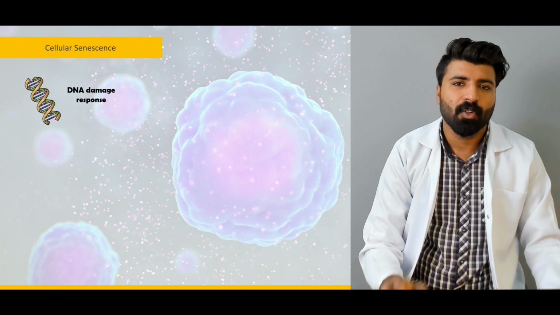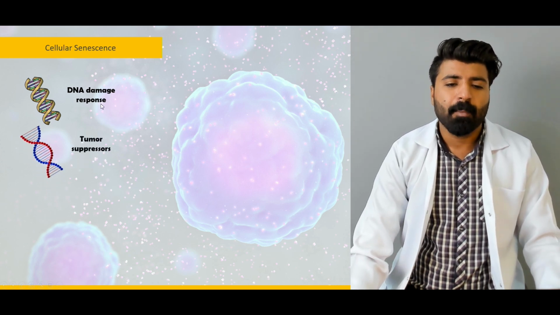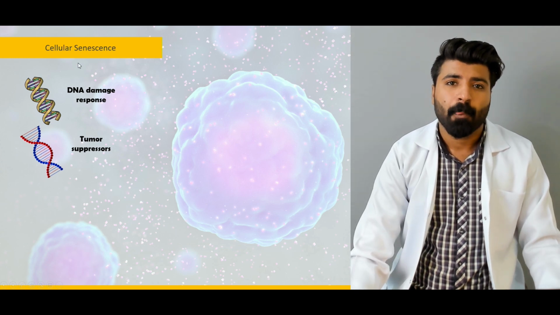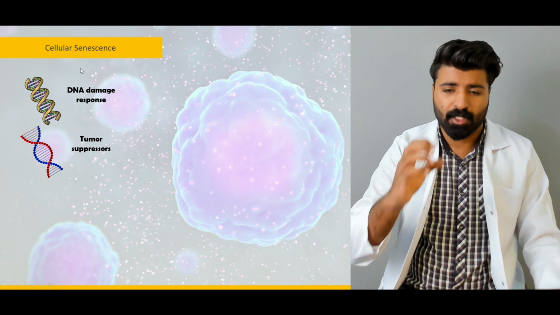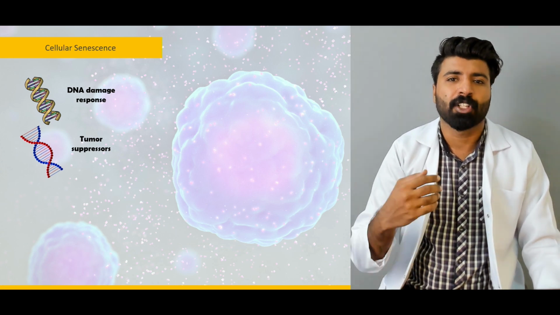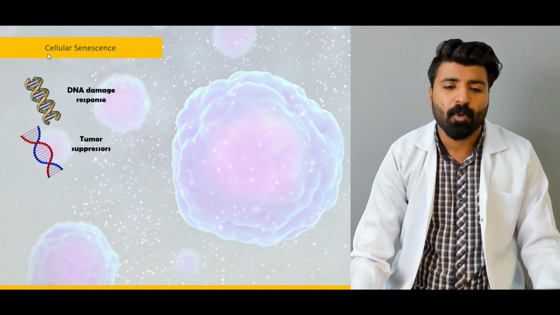That's called cellular senescence. So DNA damage response, if cellular senescence is happening, what is going to happen? It's halted. So if the DNA is the problem, if there's mutation in the DNA, we're going to talk about DNA damage response.